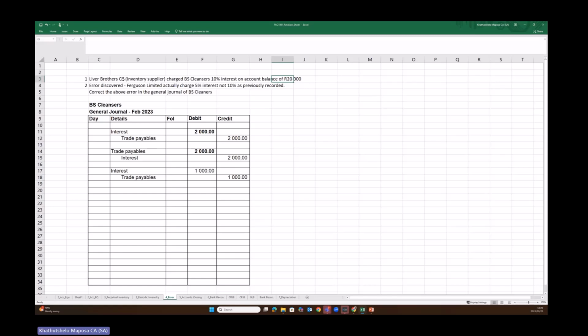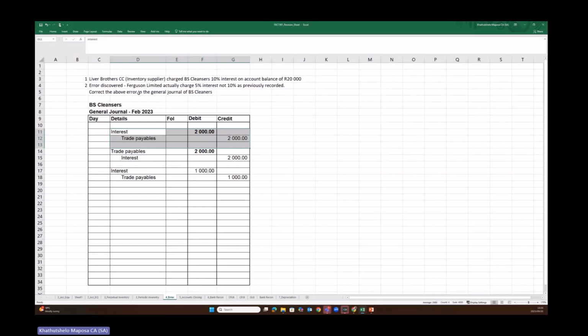And now we were asked to record the interest, which is 10% of 20,000, it's 2,000, which you'll then come and debit the interest and credit the trade payables. If there was no number 2, that's how we will do it, and the transaction will be done.